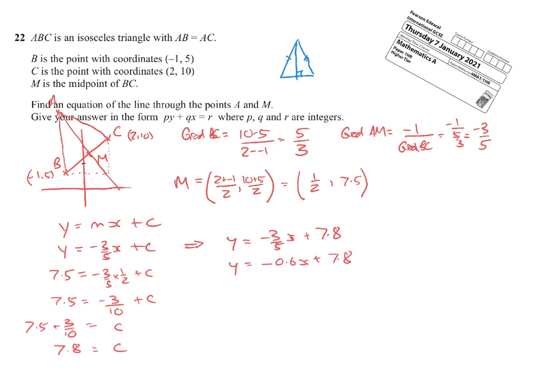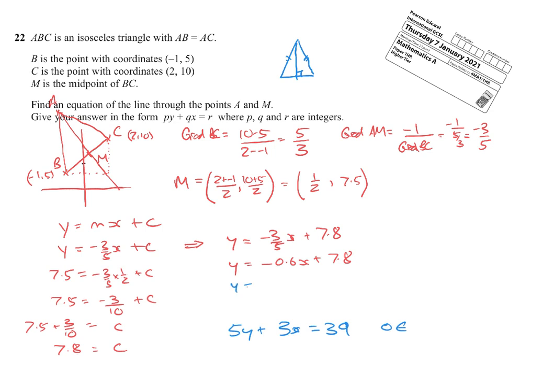Now note, if you look at the mark scheme, it will tell you that the answer is 5y plus, I think it was 3x equals 39, and then it has the letters OE. That means or equivalent. What we've written is equivalent to that. You can work it through if you wish, because we can turn it into fractions.